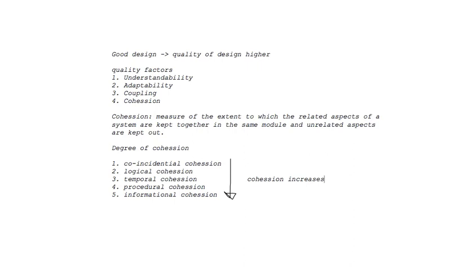To become a good design, cohesion should be higher. That means informational cohesion is preferred. So that's about cohesion, and the other aspect is coupling.